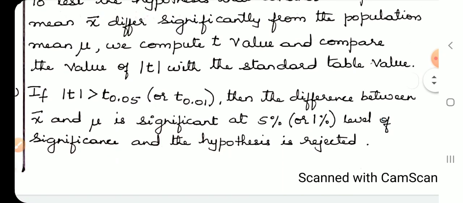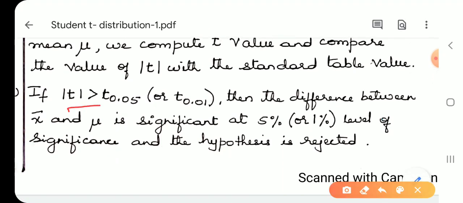See, how shall we decide? If mod of t, remember mod of t, if you get negative value, then we have to take the mod and consider only the mod t value. If mod of t is greater than t of 0.05 or t of 0.01, then the difference between x bar and mu is significant at 5% or 1% level of significance, and the hypothesis is rejected.